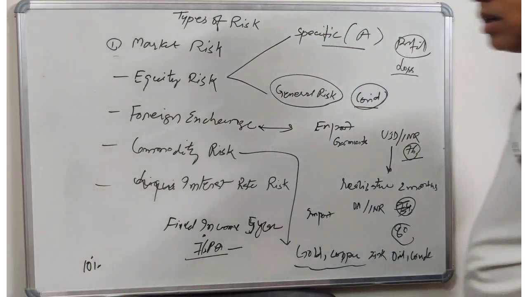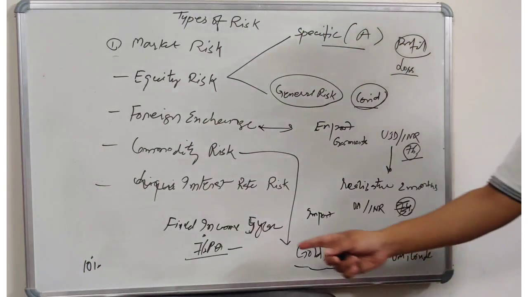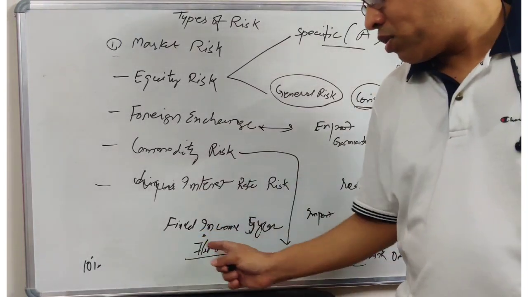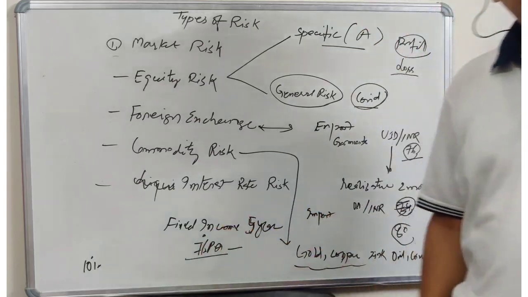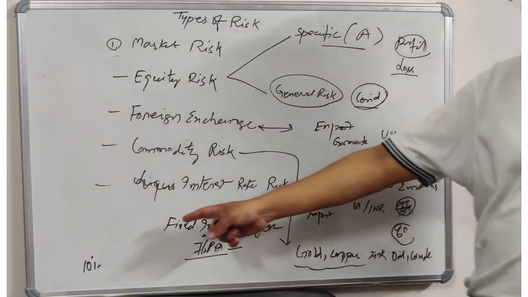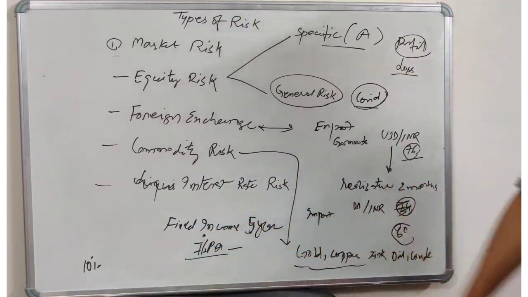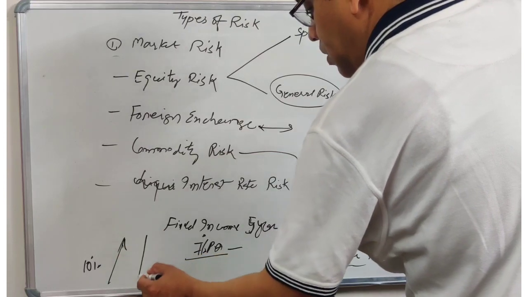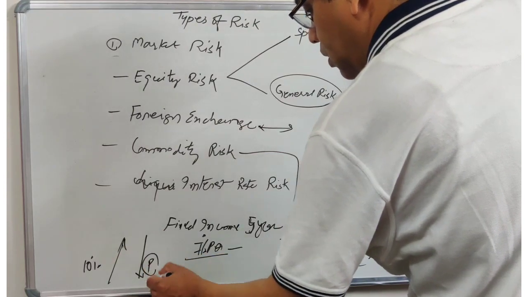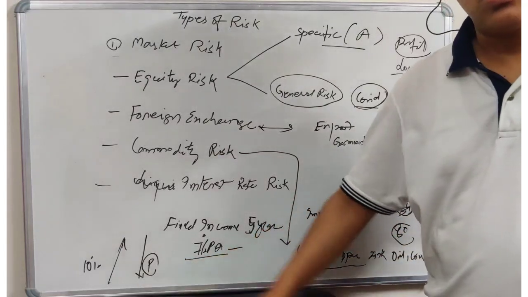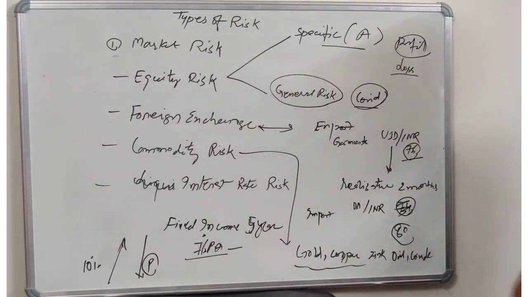So you have already fixed your income at 7%, whereas the current rate is 10%. So this is the kind of risk you carry whenever you invest in fixed income securities or assets. You carry the risk of interest rates going up, because whenever interest goes up, price and yield have an inverse relationship. The price goes down. It means if you sell those assets, you will get a lower price. So this way we can explain interest rate risk.